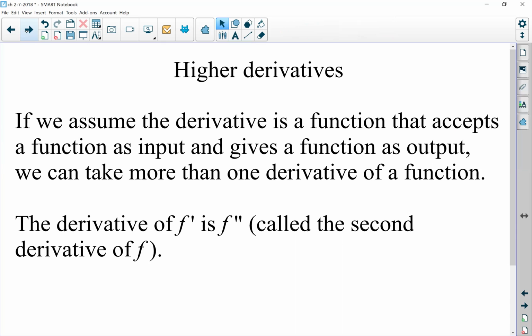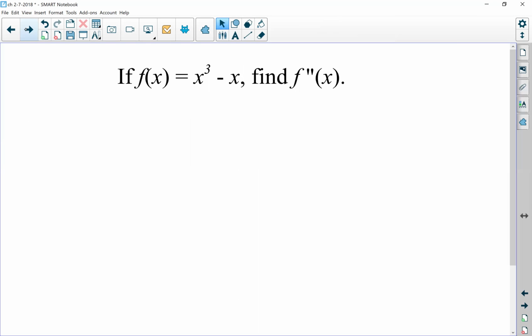To this point, we've taken first derivatives and been pretty happy with that. However, if we assume that the derivative is a function that accepts a function as input and gives a function as output, we could take more than one derivative. So if we took the derivative of f prime, we get f double prime, or the second derivative of f. So if f of x is equal to x cubed minus x, find the second derivative.